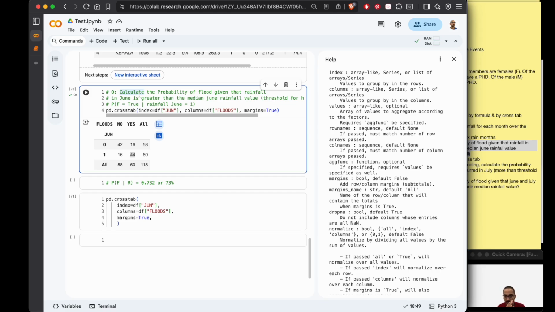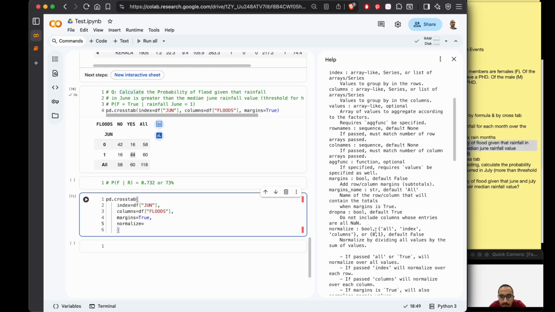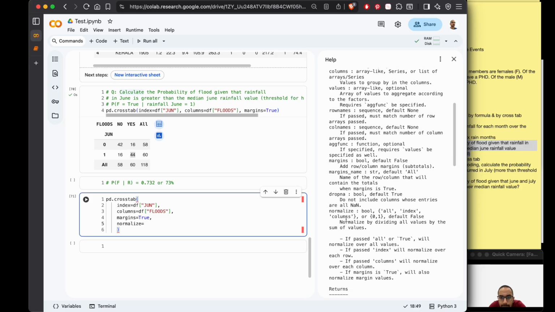So we set the normalization based on the evidence, and the evidence here is given that June is greater than the median June rainfall. So that's our evidence. So in this case, the normalize column will be floods. And the floods is basically the columns, right? Columns. So we set a string.